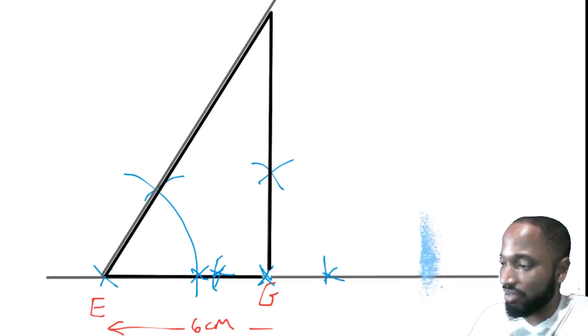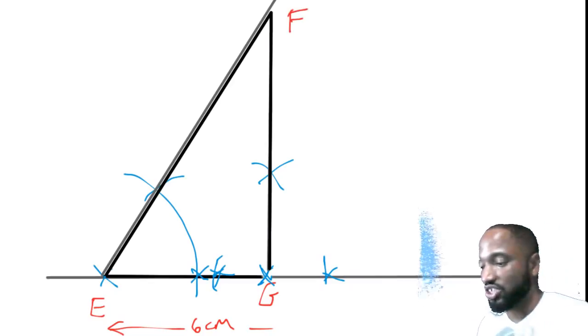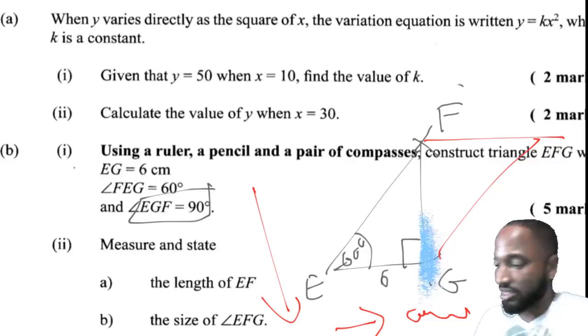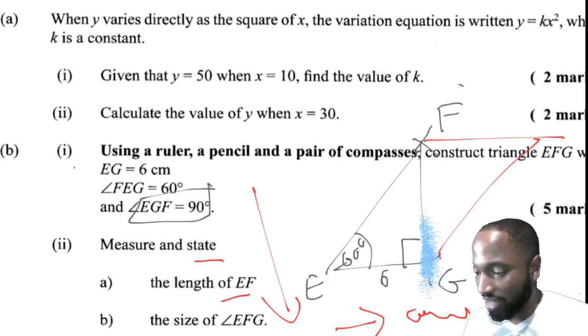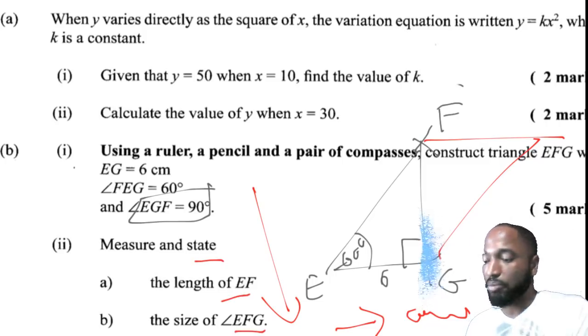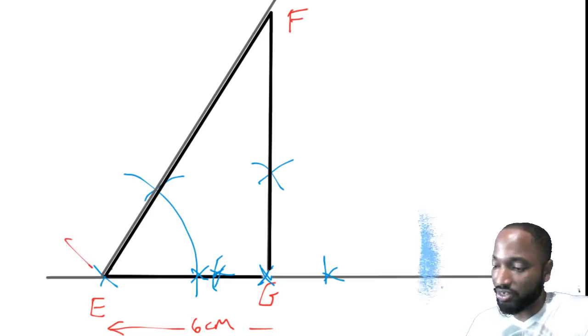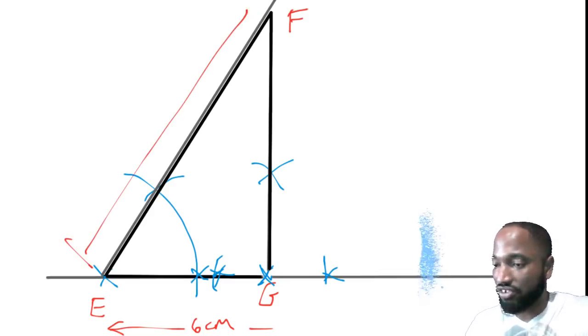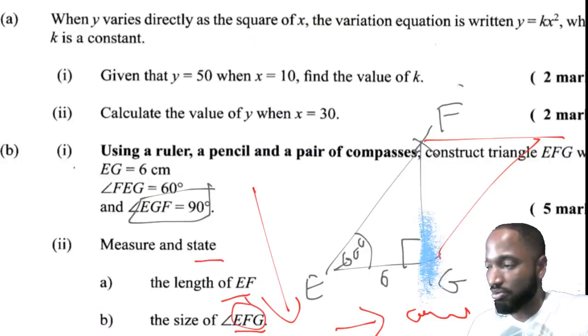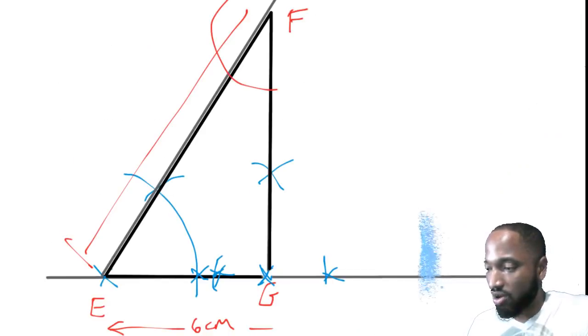So that's EFG. That's the shape there. And then the task is to measure and state the length EF and the angle EFG. You come with your ruler first and you measure EF, and then the angle EFG. Remember, your protractor will come along here like that, and you're measuring the angle going up here.